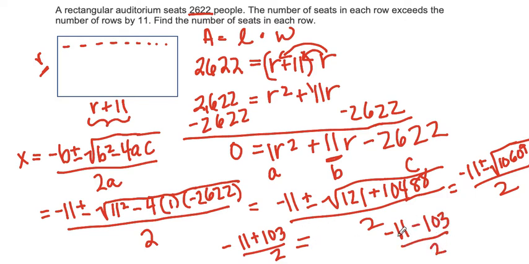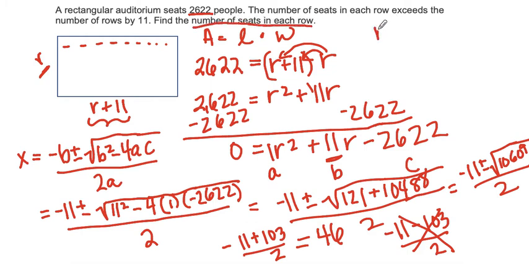Now, right away, I notice that this number is going to be negative. That's not going to work. We can't have a negative amount of seats, so I'm not even going to calculate that one. We'll just go to this one: 103 minus 11, divided by 2, and I come up with 46. So 46 is the number of rows, and it's asking for the number of seats in each row.